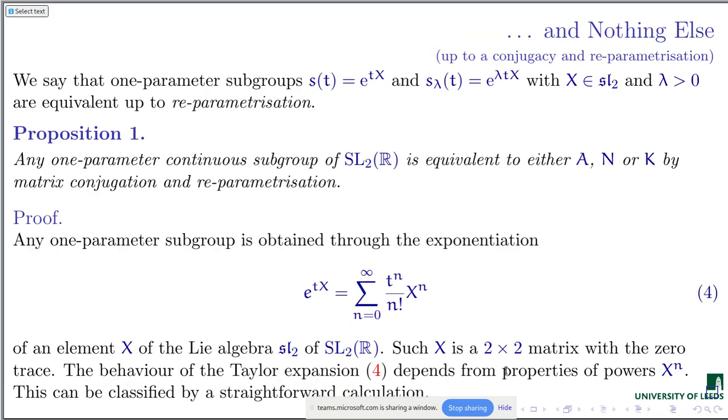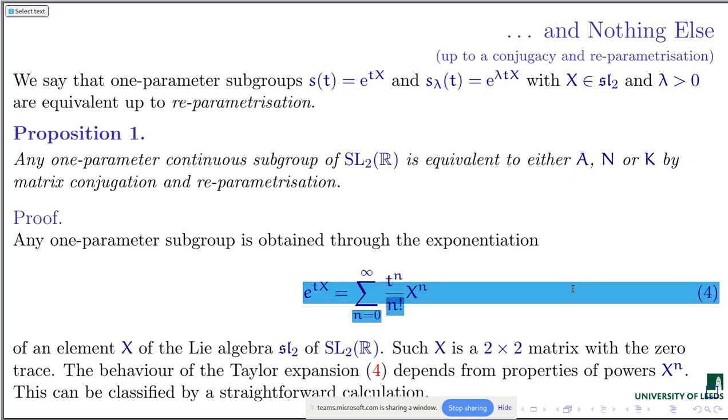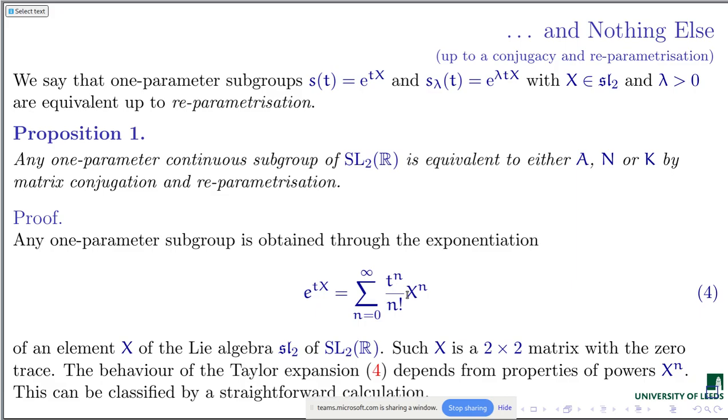And we just outline how a one-dimensional subgroup can be parameterized through this exponentiation from the Lie algebra. We define the exponent by Taylor expansion, the Taylor series for the exponent function, and because we have matrices, we can just calculate their corresponding powers and build such an expansion.